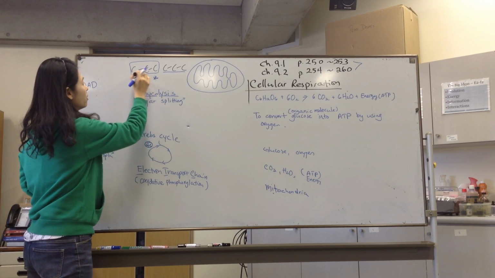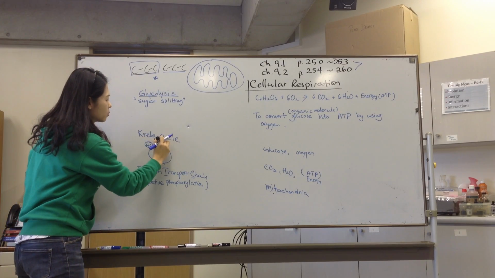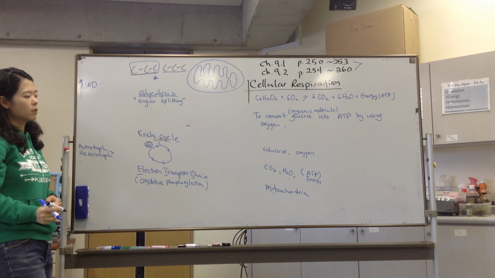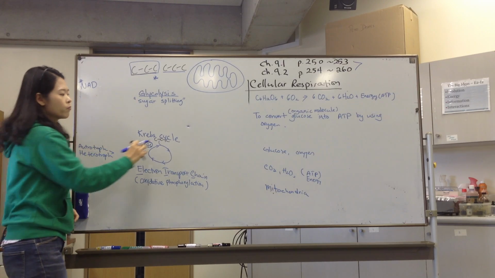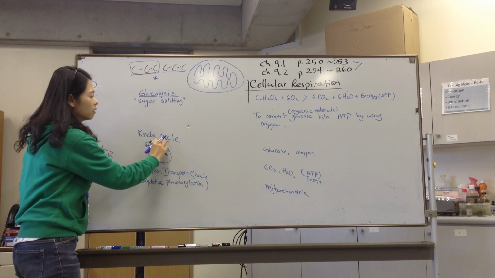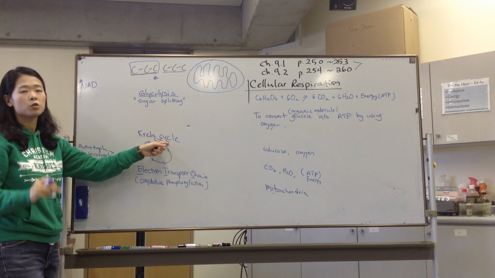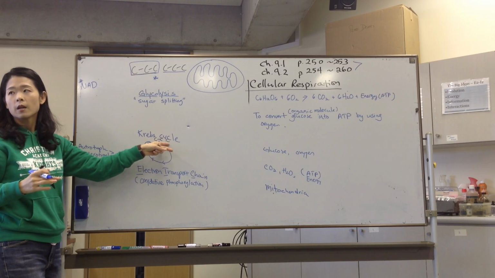The 3-carbon molecule is what starts in the cycle. So let's write CCC there. The CCC is going to right away break off, split. So 1 carbon is going to detach. It's going to come off. That's the first step.